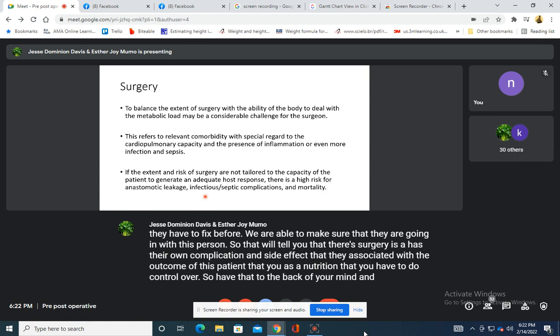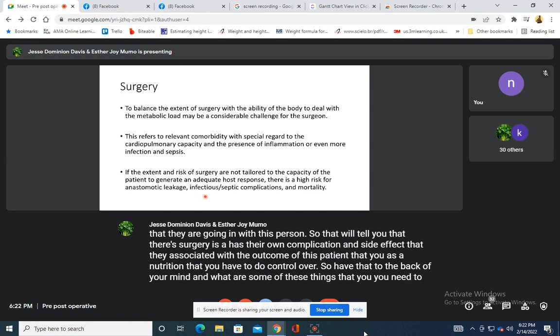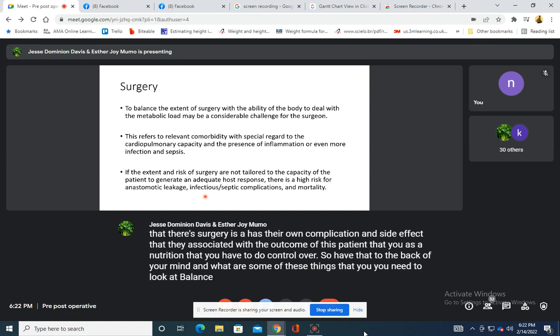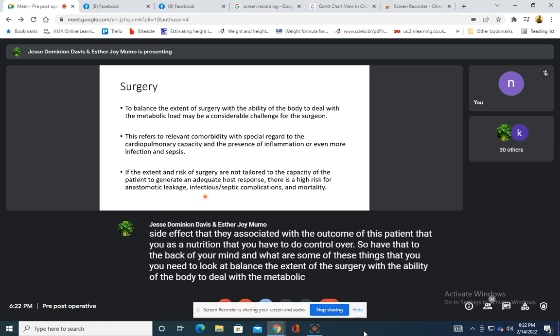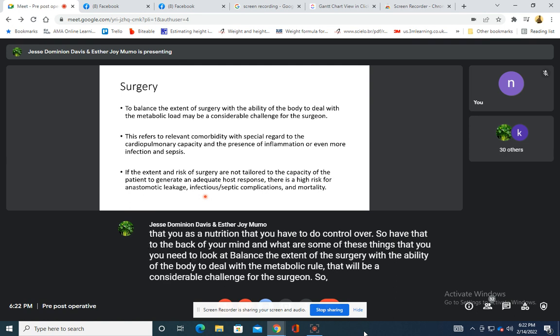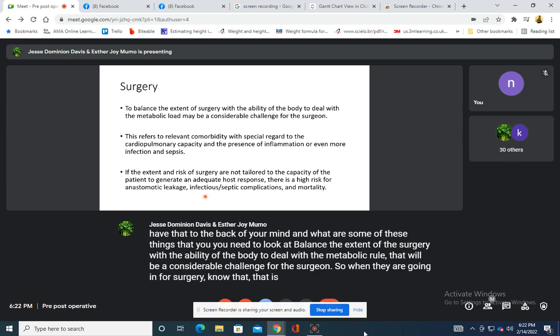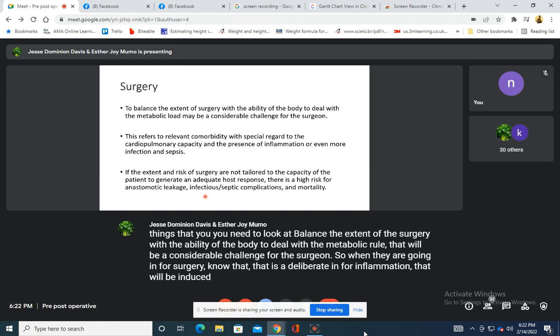And what are some of the things you need to look at to balance the extent of the surgery with the ability of the body to deal with the metabolic load, which will be a considerable challenge for the surgeon? When they are going in for surgery, know that there is a deliberate inflammation that will be induced by the procedure.